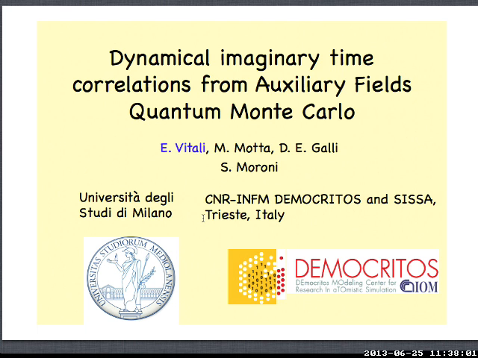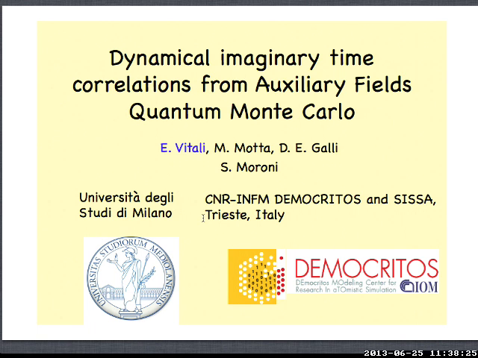I will deal with auxiliary field quantum Monte Carlo. This is a project we have studied in the last few years, and we are investigating the possibility of extracting, for fermionic systems, dynamical imaginary time correlation functions to give access to dynamical properties, excitation spectrum, response functions, or similar.